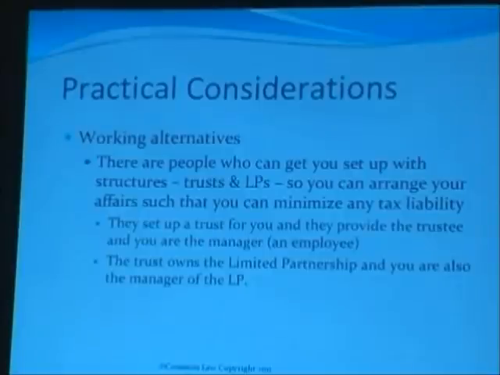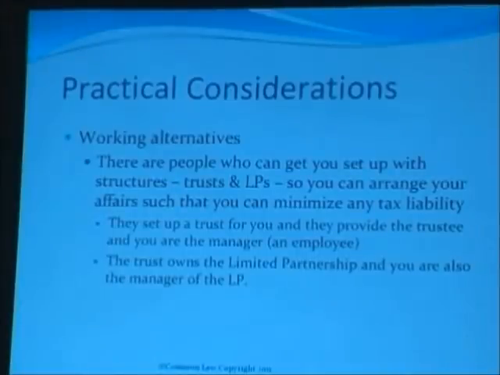Anyways, working alternatives. There are people who can get you set up with structures, trusts, and LPs, limited partnerships, so you can arrange your affairs to minimize your tax liability. There are people that I use, but there are also local groups, people that work together to do it, using the same kind of structures, but it's just local people, and you work together, okay?